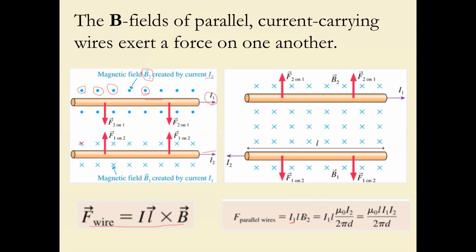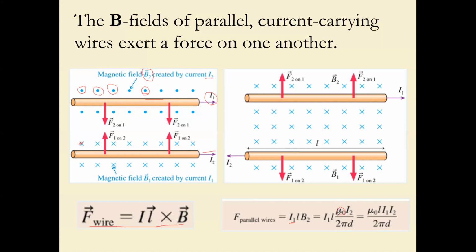So instead of B2, we will write the equation that we have learned from the first slides. If you remember, the magnetic field around a current carrying wire is equal to mu0 I over 2 pi r. So what is this B2?